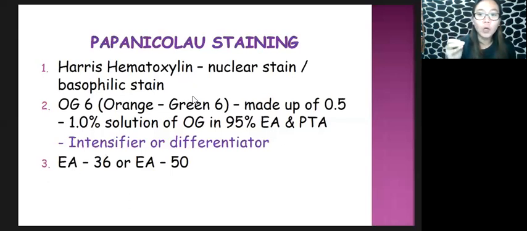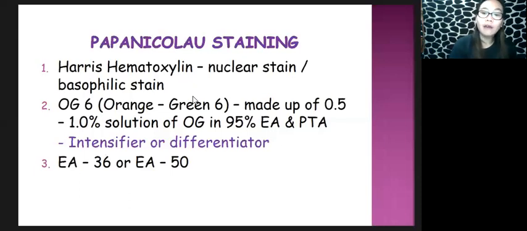Because the solvents that we use for your OG6 and your EA36 or 50 is alcohol. So you have to make your smears compatible with your stain. How do we do that? You bring it to alcohol by performing a dehydration process, meaning you immerse it in increasing concentrations of alcohol.